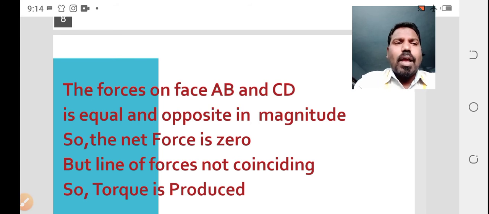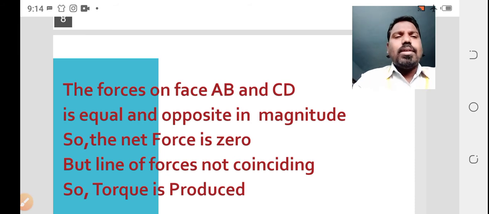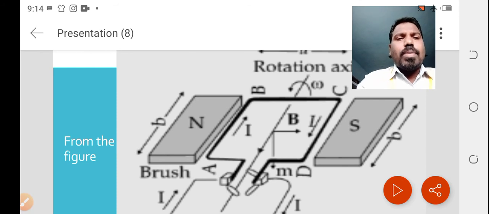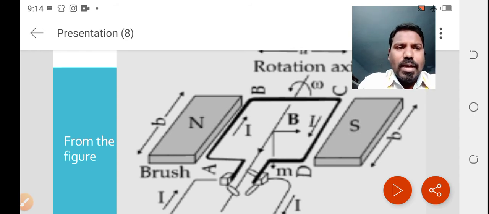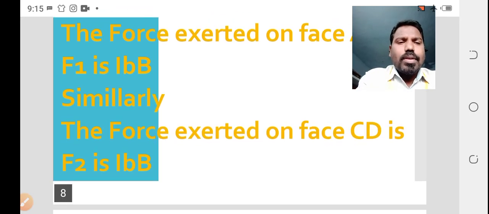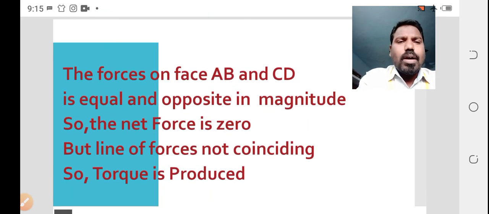One is clockwise, the other anti-clockwise. From face AB it is entering, from face CD it is leaving. The forces are equal but opposite. So the net force on faces AB and CD is 0.